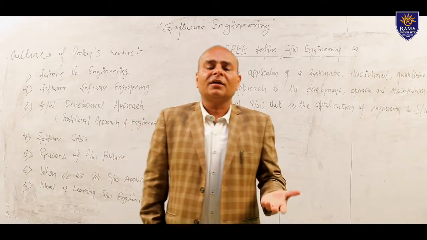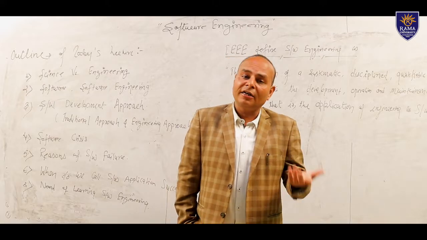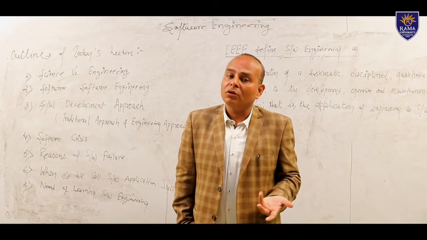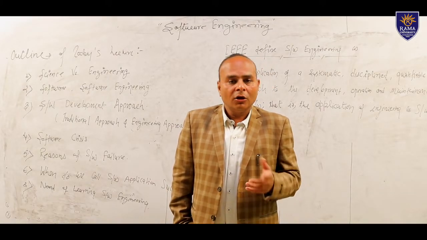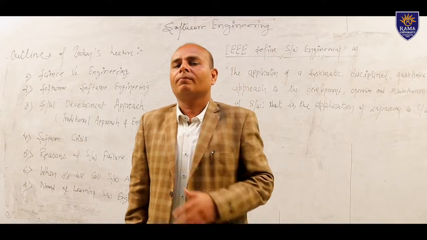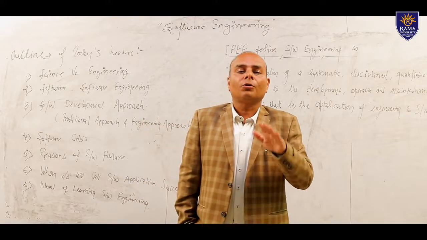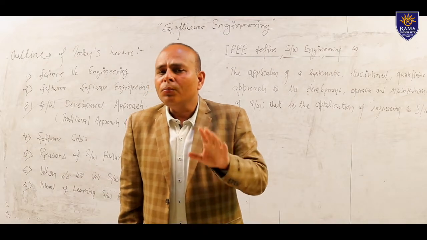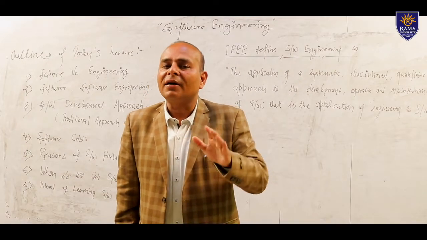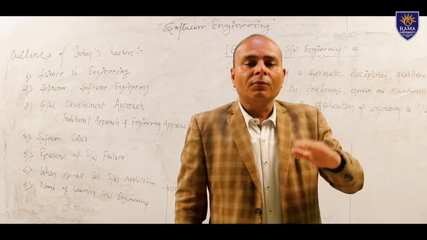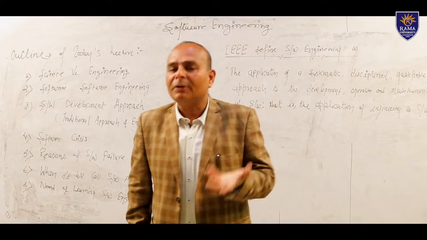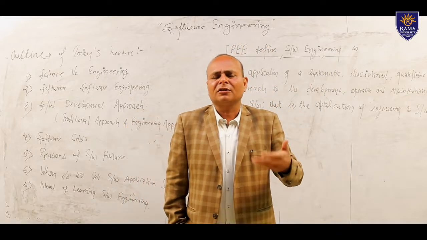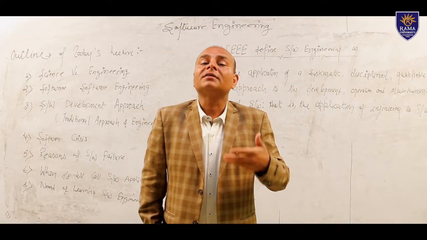Suppose one person is developing software and 98% of his development does not become successful. This scenario, this phenomenon, is called software crisis, and we are trying to make some approach so that this percentage can be improved. We want to improve it up to 50%, meaning at least 50% of the software must be successful.